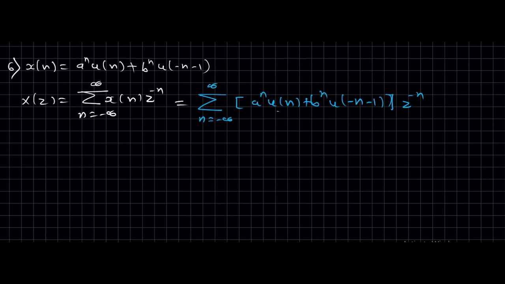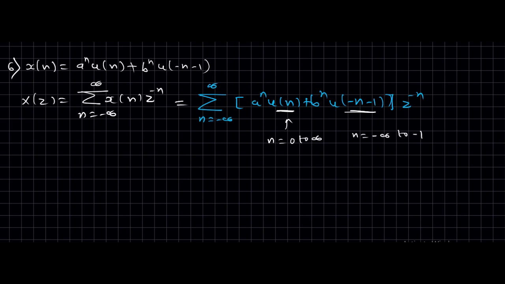Now because of this, the summation limit changes. a raised to n is multiplied by the discrete unit step sequence, which is right sided, and its index is n equal to 0 to infinity. And for this, we have seen in the previous example, the limit is minus infinity to minus 1.